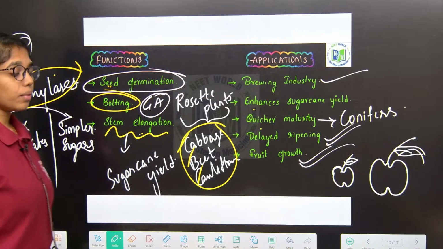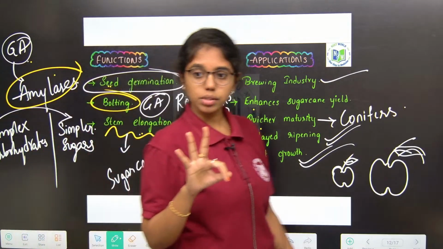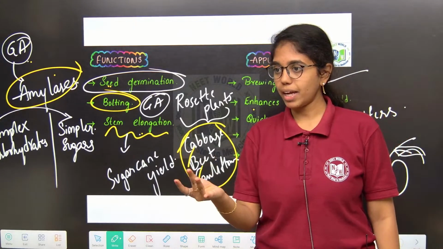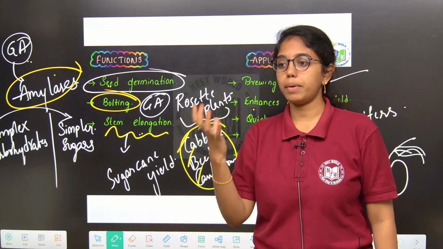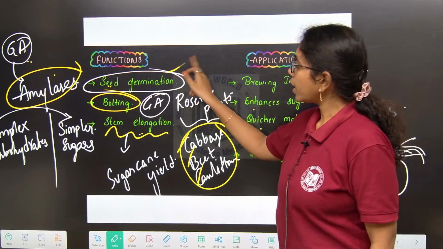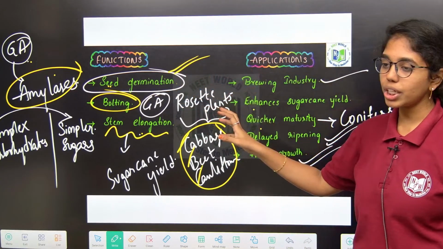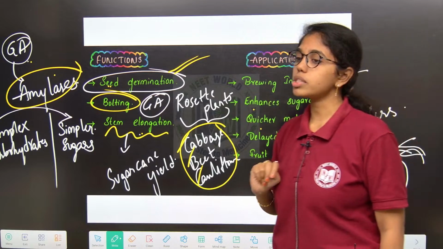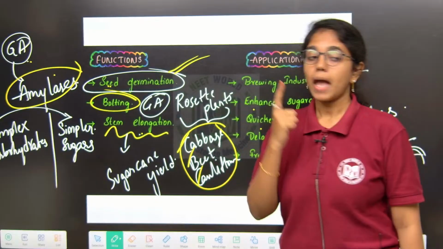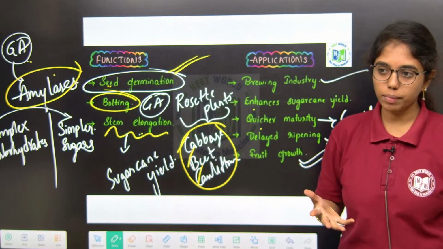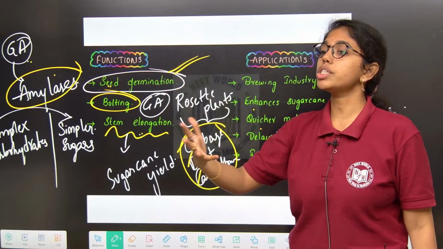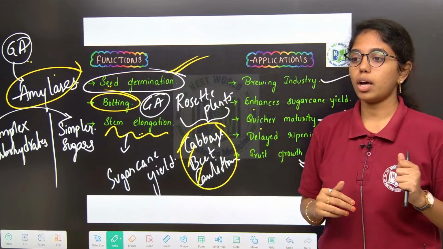So, are you clear with the 3 plant growth promoters? Discoveries, precursors, derivatives, functions and applications of all the 3 phytohormones. Now, with respect to seed germination, 2 hormones are antagonistic to each other, gibberellic acid and abscisic acid. Abscisic acid will promote seed dormancy and inhibit seed germination, whereas gibberellic acid will promote seed germination and inhibit seed dormancy.